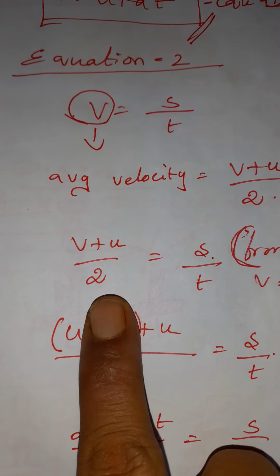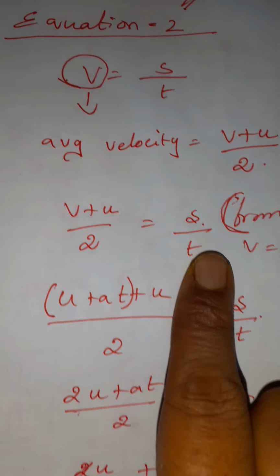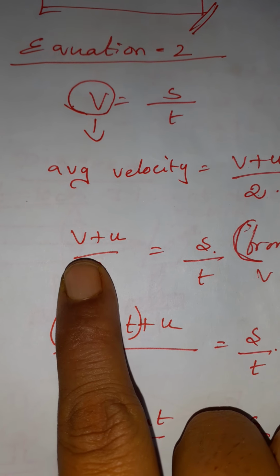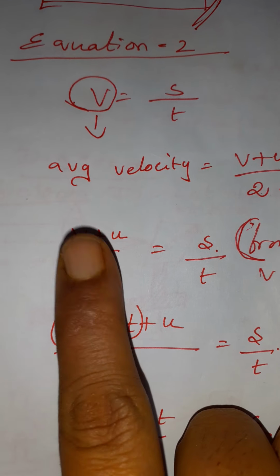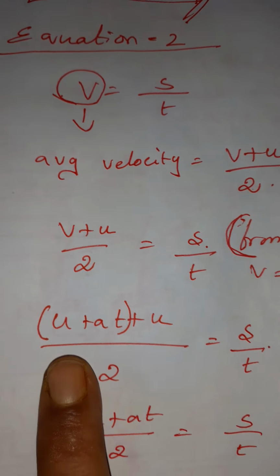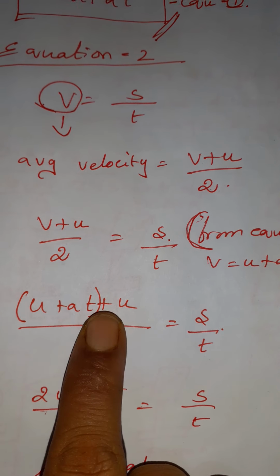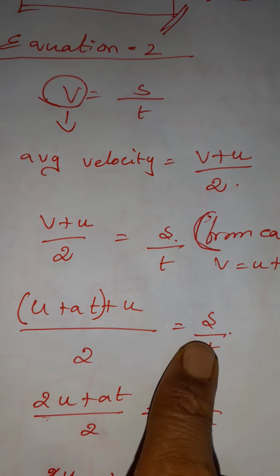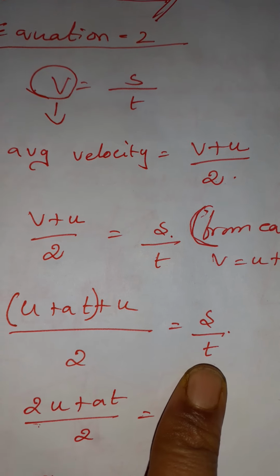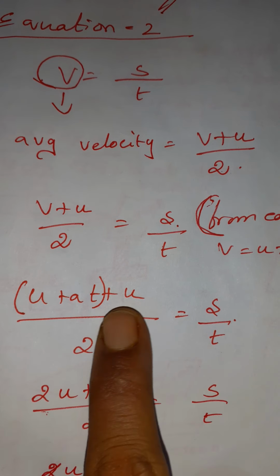So V plus U by 2 is equal to S by T. And from the first equation, we know that V is equal to U plus AT. I am substituting the first equation in this equation. U plus AT plus U divided by 2 is equal to displacement by time, S by T. Then cross multiplying the T.